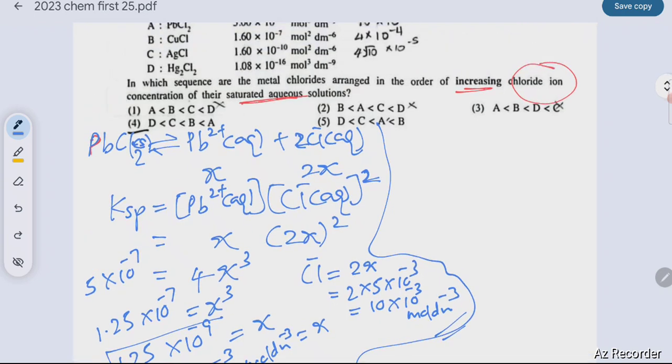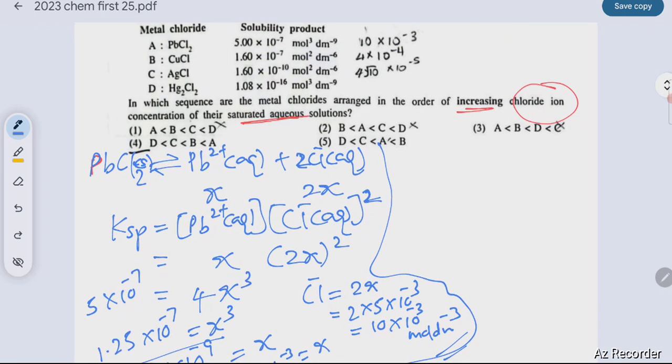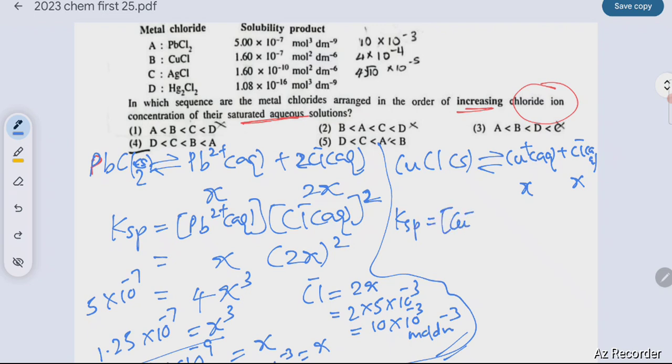Next, what is the other one? CuCl. CuCl solid gives Cu+ aqueous plus Cl- aqueous, and this here is x and x. Ksp equals Cu+ aqueous times Cl- aqueous. So here x times x, right? So this is x squared. Then x squared is equal to the Ksp value.